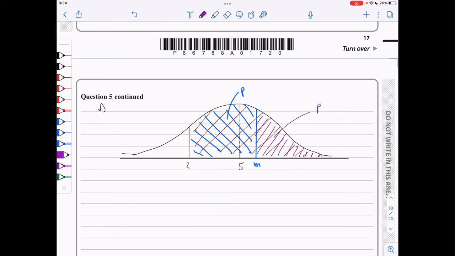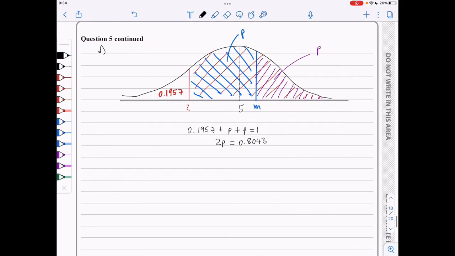are both the same. Now, we have already found in CI that this part here is 0.1957. So we could simply say that 0.1957 plus P is equal to 1. So 2P is 0.8043, which means that P turns out to be 0.4021585, and that's the value we'll be using.